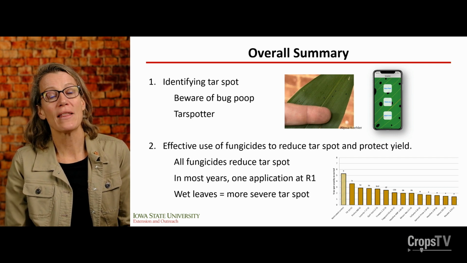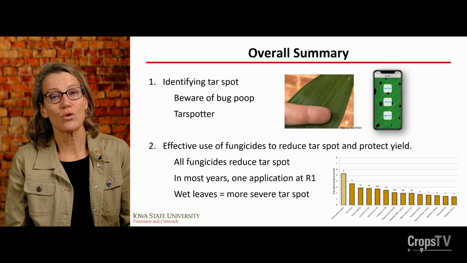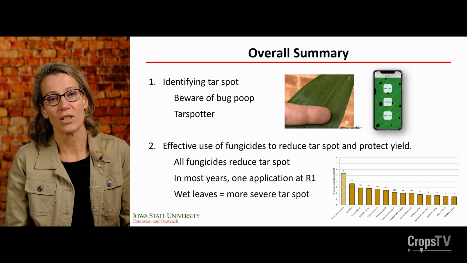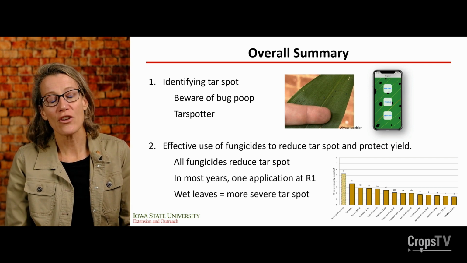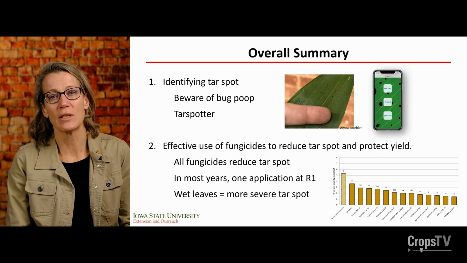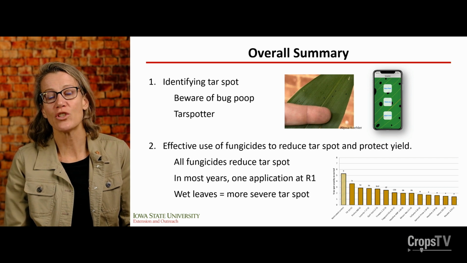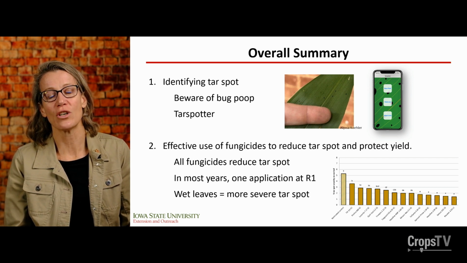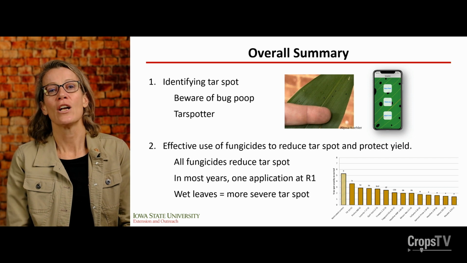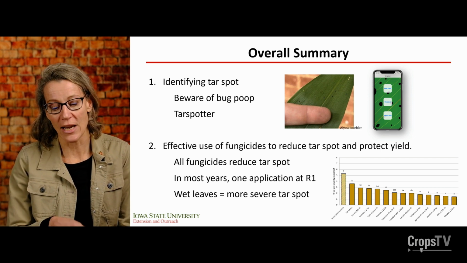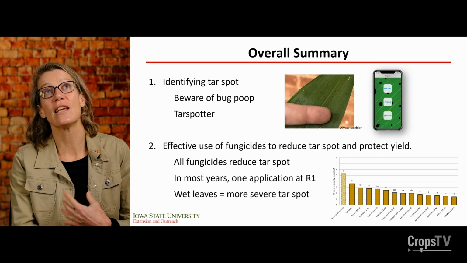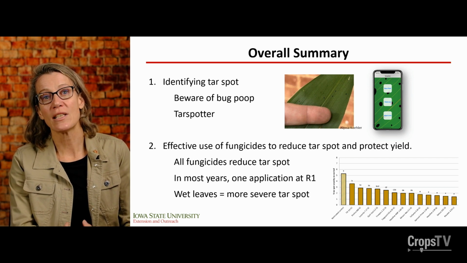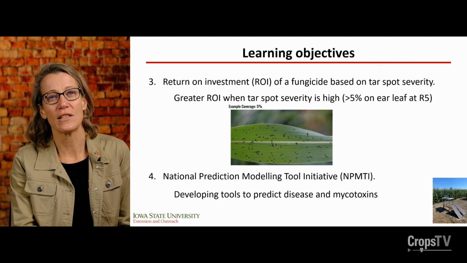And then remember that if we have wet leaves, we're going to have more severe tar spot. And so in years where we have a lot of moisture, high relative humidities, a lot of precipitation, high dew points where those leaves are just sitting around and they're wet, those are years where we really need to get in and spray a fungicide to manage this disease, especially until we have hybrids that have good resistance to the disease.